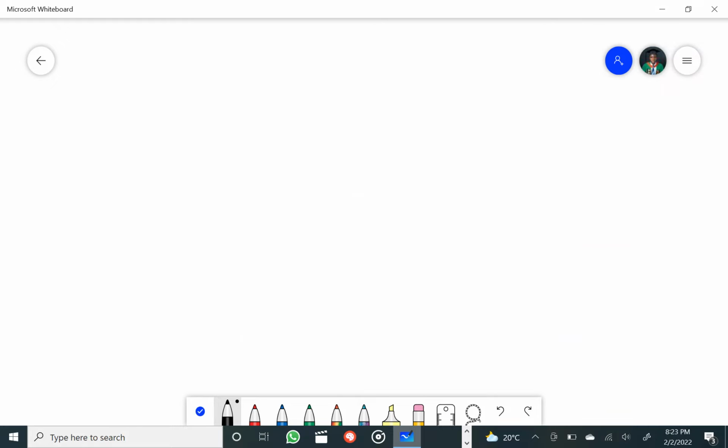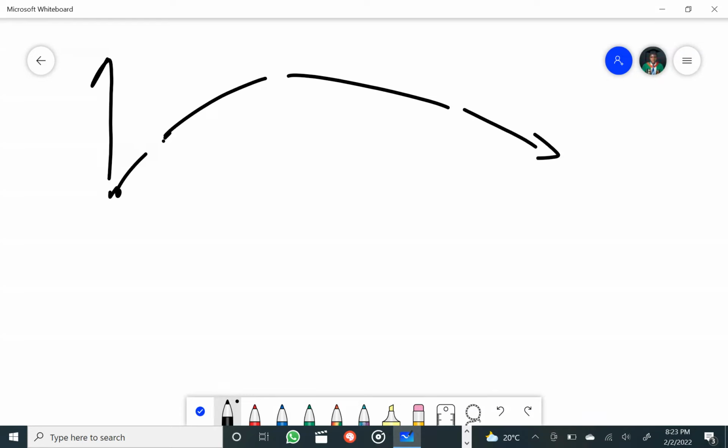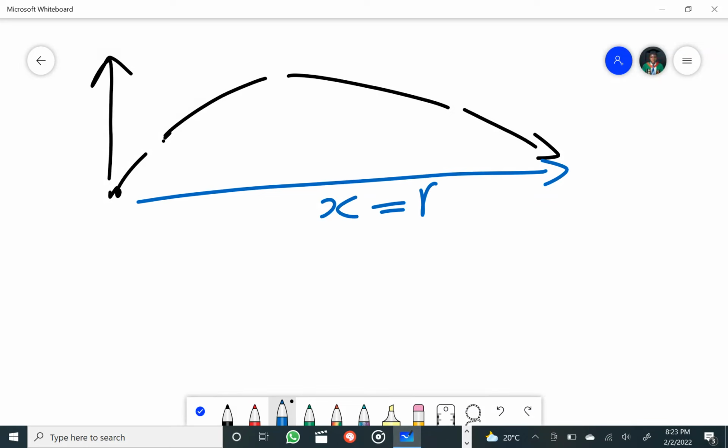So for instance, if I throw something in projectile motion, it's going to cover a certain distance or displacement up, and then it's also going to cover a certain displacement down. Now this horizontal displacement is what we call the range.